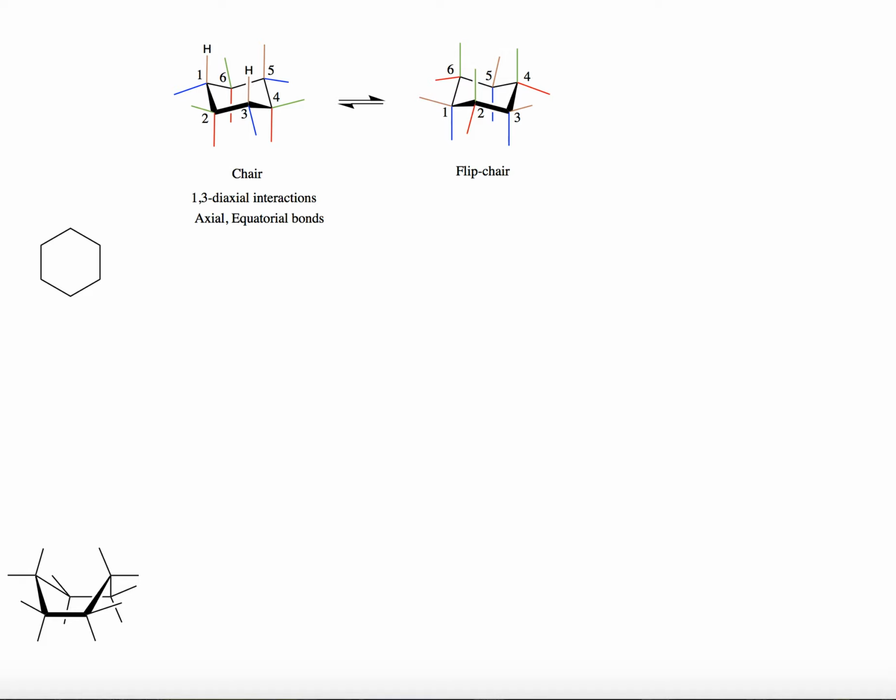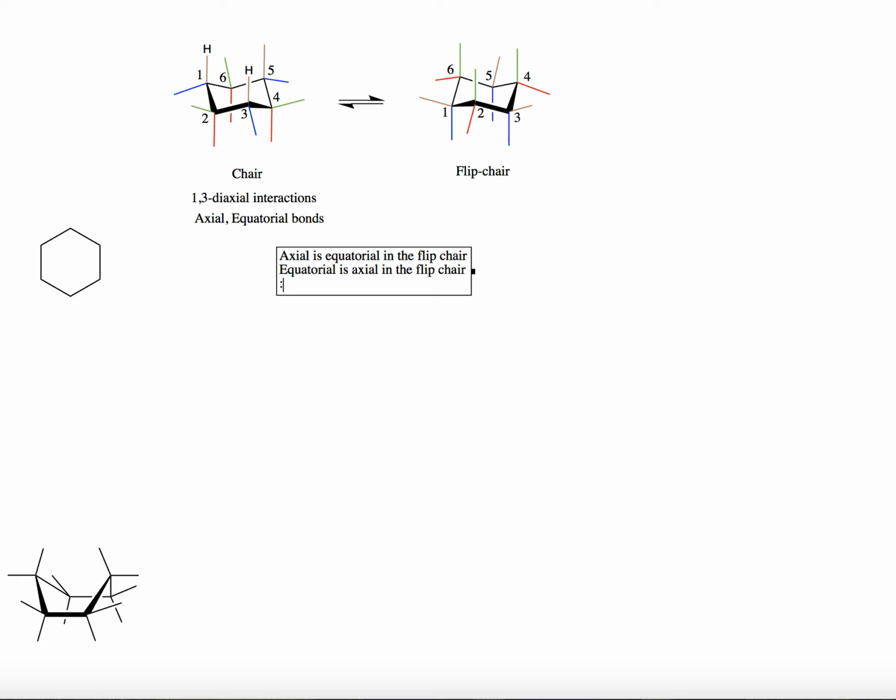So anything that is axial is equatorial in the flip chair. Anything that is equatorial is axial in the flip chair.